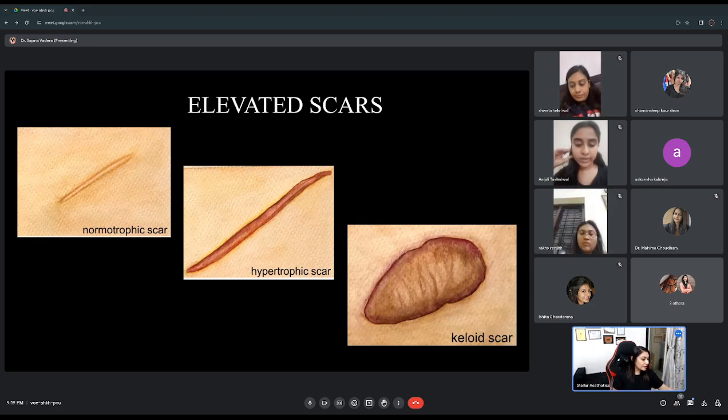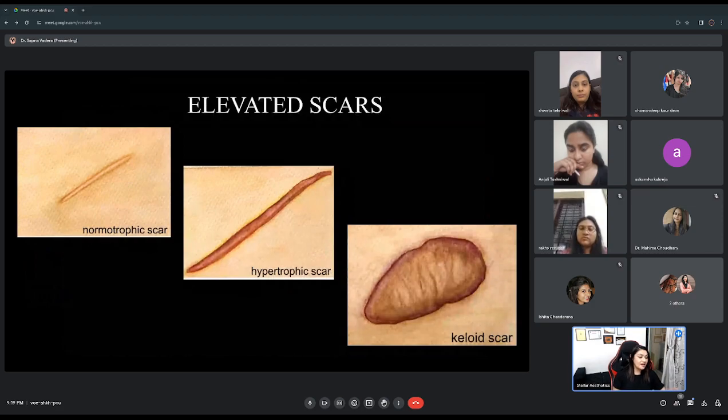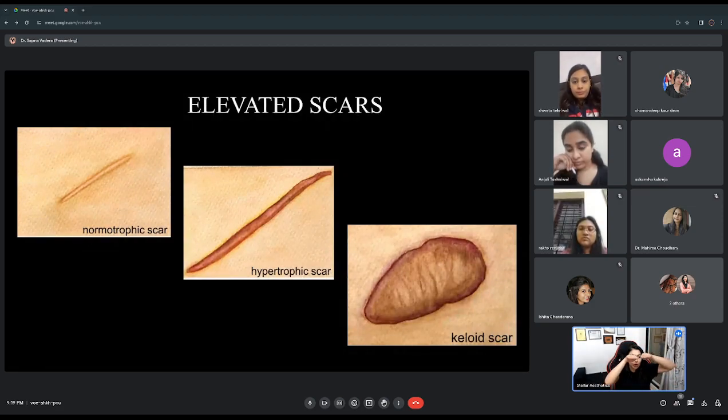Now how the treatment changes. Now these are all elevated scars that we are talking about, which are elevated beyond the margin of the normal tissue. So when it's a normal scar, you are going to do sandpapering over it. Like how whenever there is a roughness on a surface, we sandpaper it, right? To make it smooth. How is the sandpapering done?